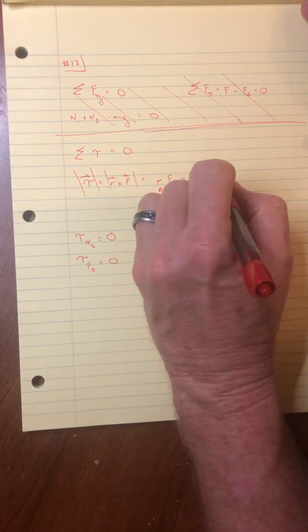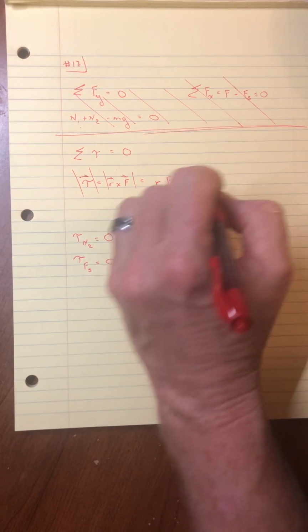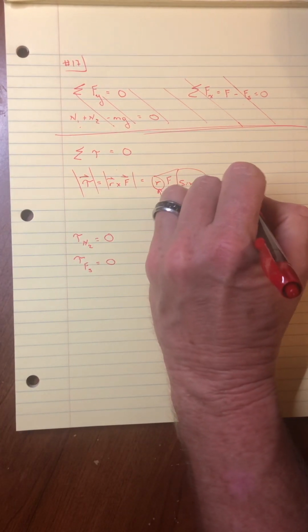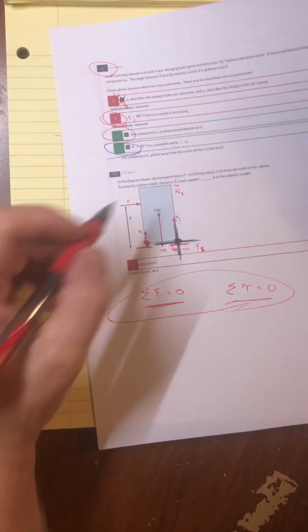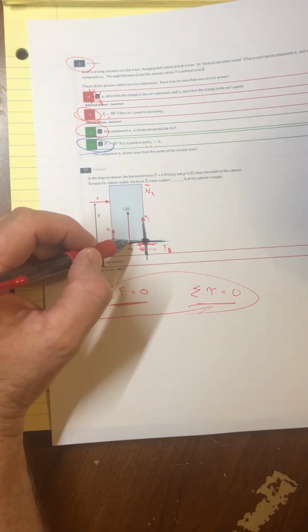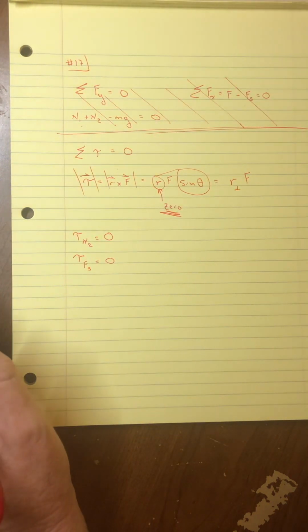And so let me give the second option for calculating torque. You can group these two together and call it the perpendicular distance from the line of action. So even though the force of gravity is right here at its center of mass, if I draw a line, that's its line of action with a perpendicular distance of half the width.